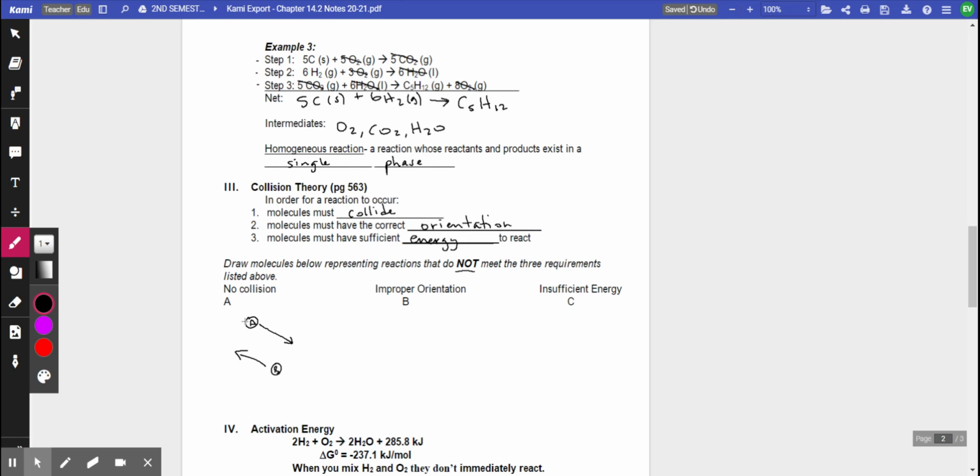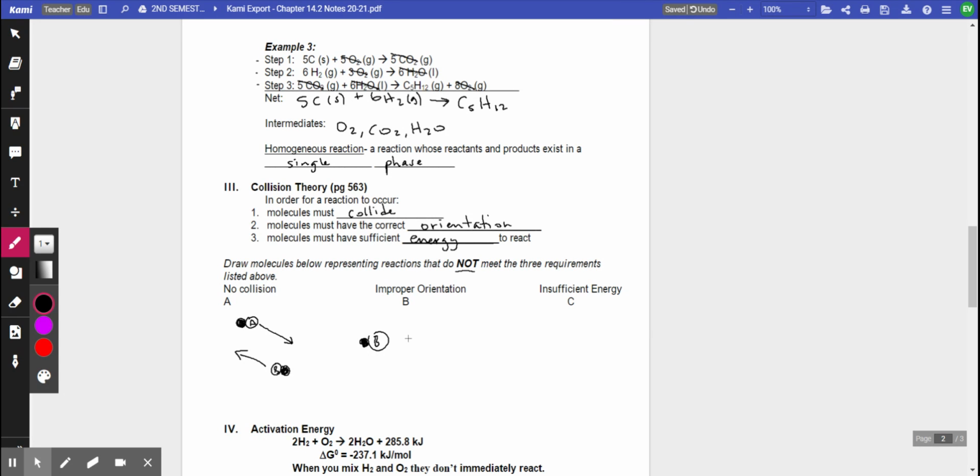And actually, we have to add a little bit more to this. So in order for these to react, let's say A and B have to collide directly, and we have these other atoms here that we're not worried about, these dark ones. So an improper orientation would be if I had B colliding, it has to collide with A to react.